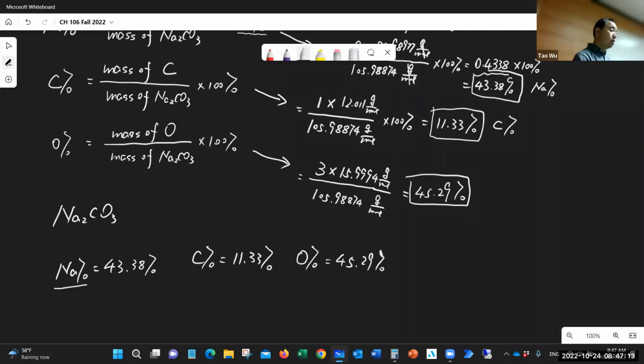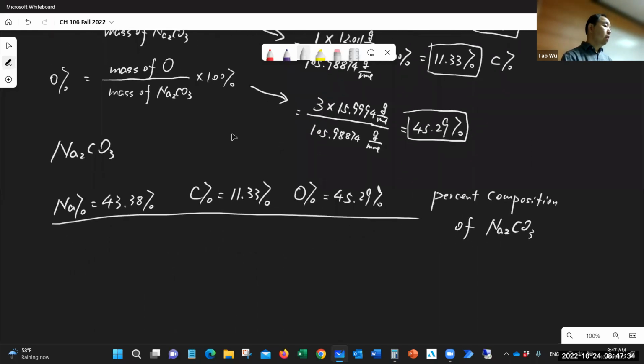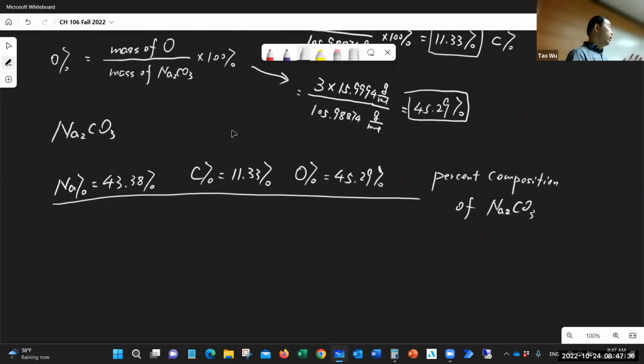So that is the percent composition of sodium carbonate. Okay, so now any questions so far?